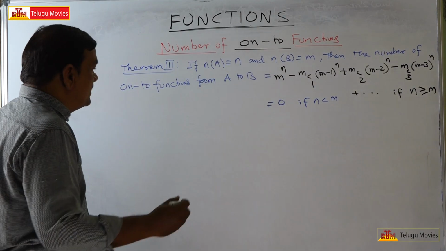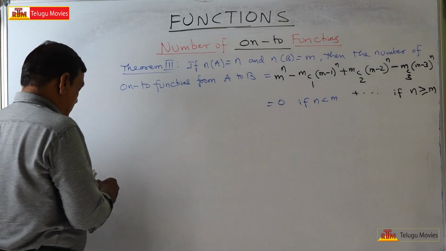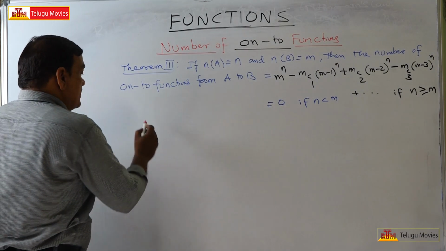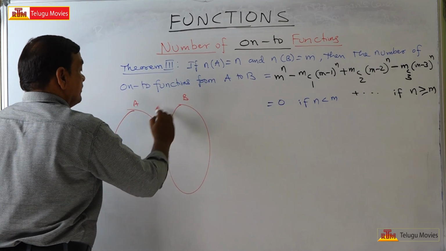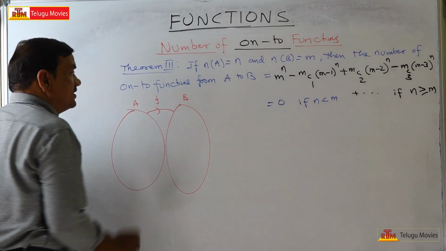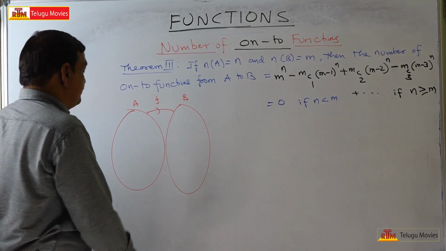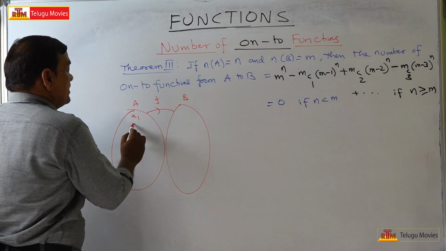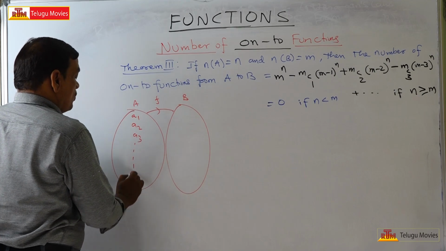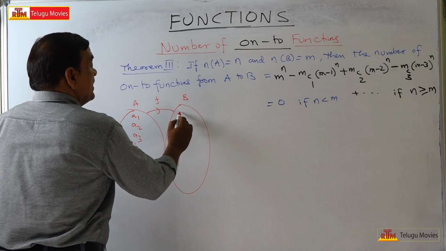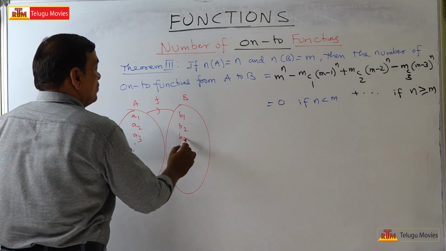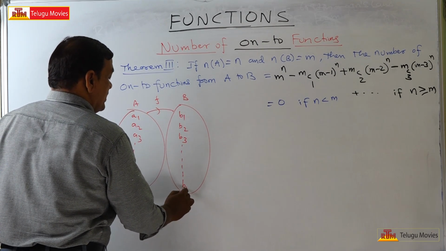So dear students, let us see here, there are two sets. One set is A, another set is B. f is a function from A to B. Let us take the elements of A as A1, A2, A3, and so on, An. Let us take the elements in B as B1, B2, B3, and so on, Bm.